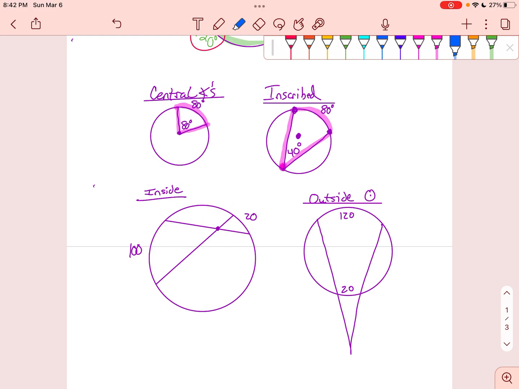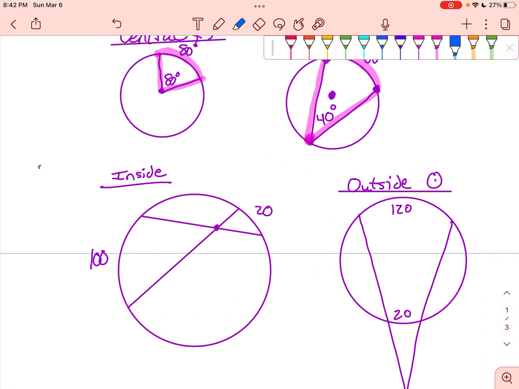So to find an angle inside the circle, we need what's called the two intercepted arcs. So I'm hoping you guys agree that these two arcs add up. If I was to add those two intercepted arcs up, those two arcs add up to 120 degrees.